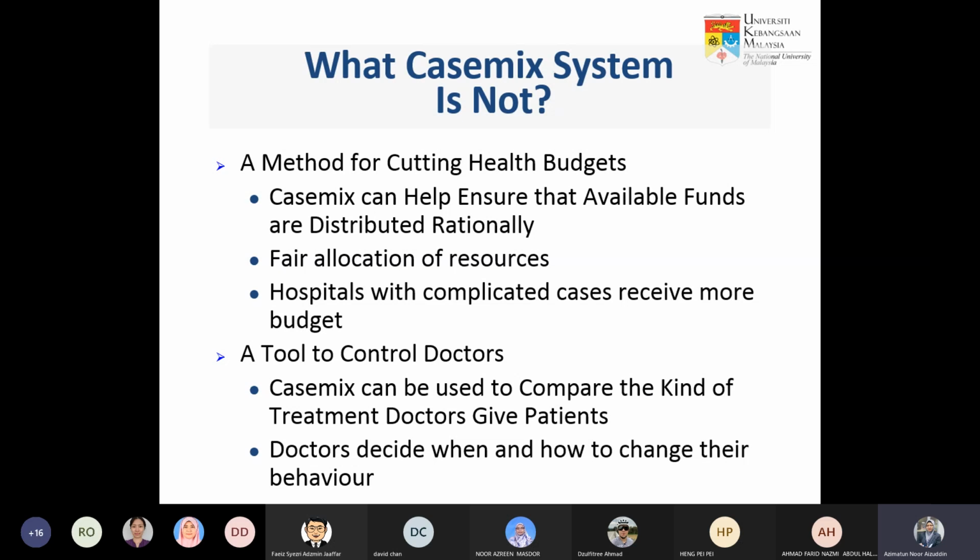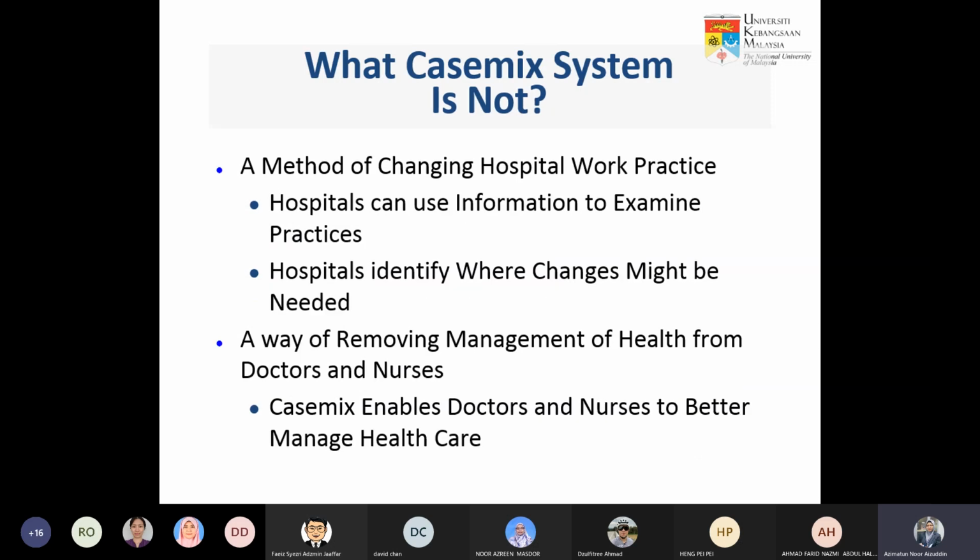Jadi secara tak langsung kita tak boleh nak control sangat doktor. Dia tahu saja dia buat silap, tetapi dia tidak mengambil tindakan in term of money matters. Kalau melibatkan money matters, people will stay actually alert and also cautious lah. Okay, doctors decide when and how to change their behaviour with that disincentive, incentive dan sebagainya.